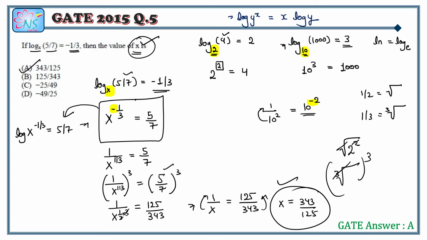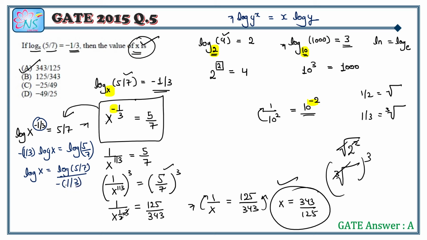By using this property we can remove this power. So this will be minus 1 by 3 of log x equals log 5 by 7, because we have to take log on both sides. Now we can solve this: log x equals log 5 by 7 divided by minus 1 by 3.